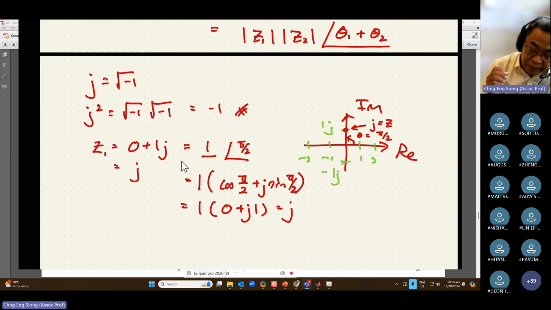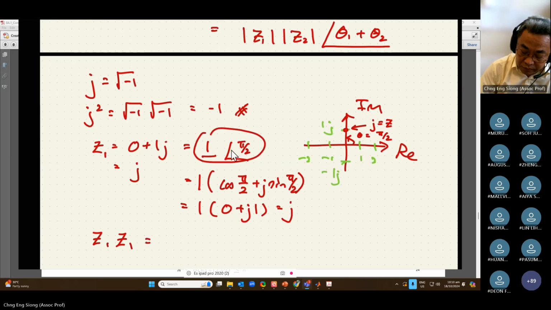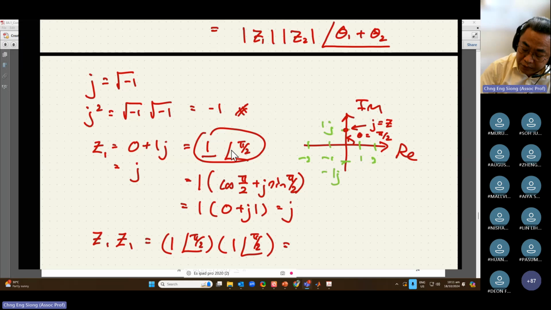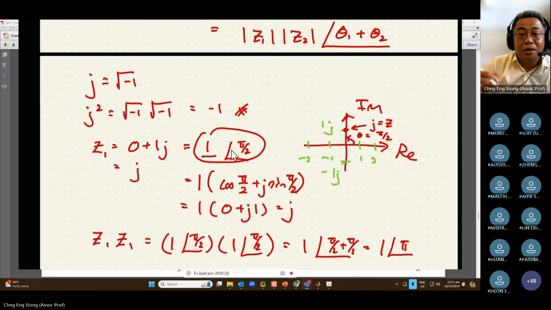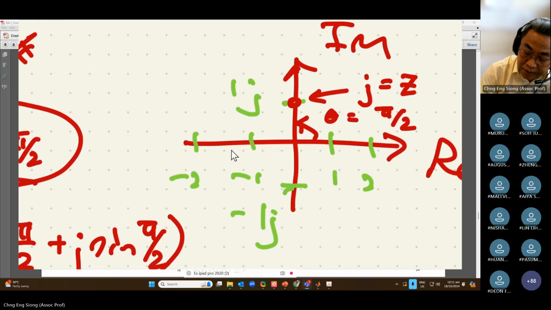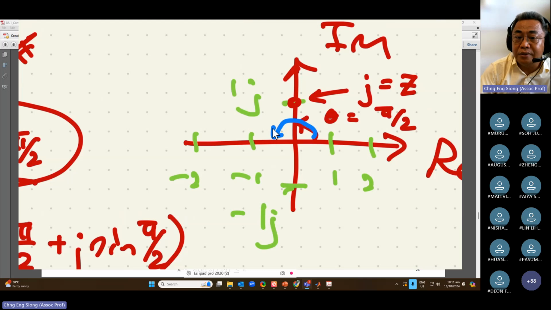So let's call this Z1. Z1 multiplied by Z1 equals 1 angle pi over 2 multiplied by 1 angle pi over 2. What do we get, guys? 1 times 1 is 1, right? Pi over 2 plus pi over 2 is pi, so 1 angle pi. Where is pi? I'm going to use the blue. Pi is here, right? Pi is 180 degrees, and the magnitude is 1.